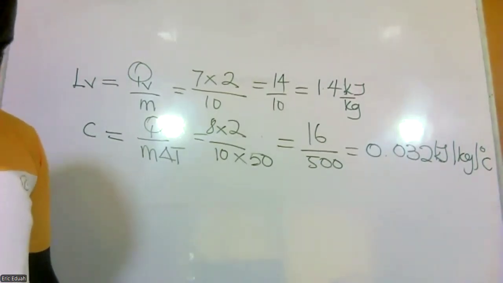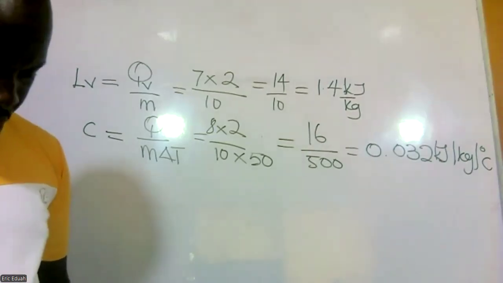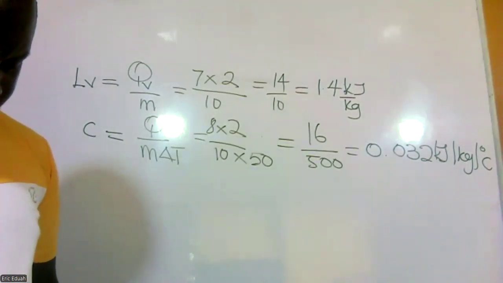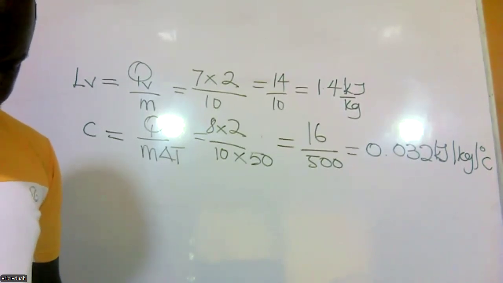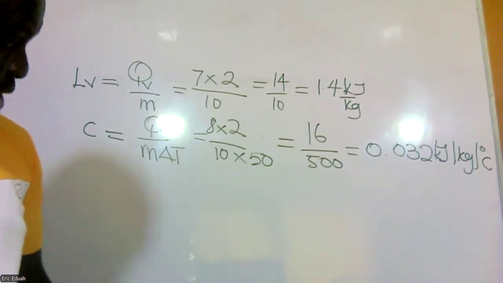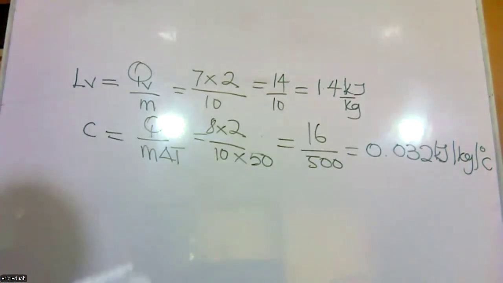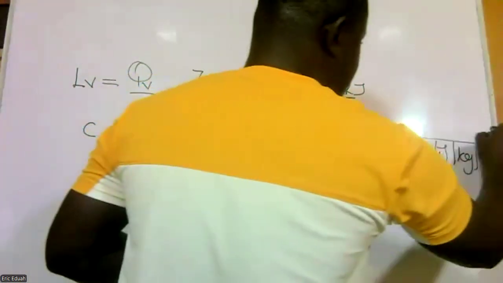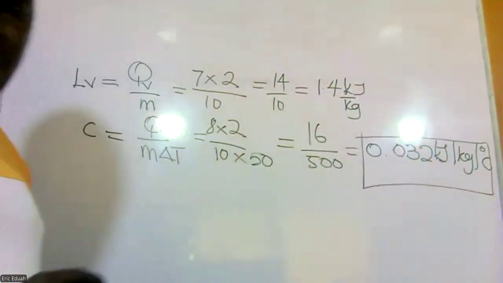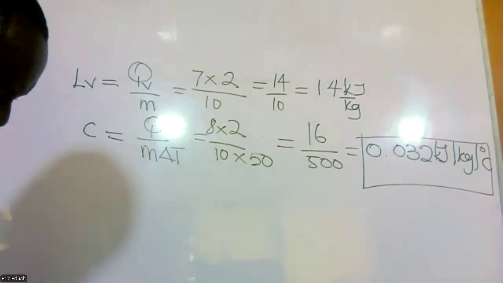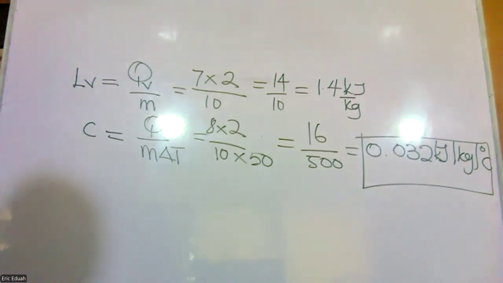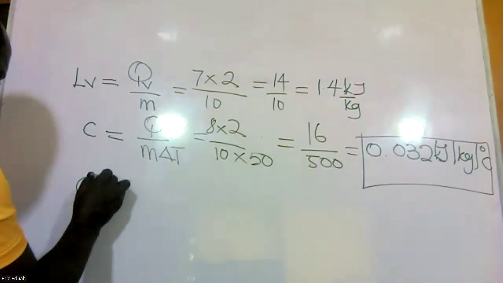Then 116. Compared with the specific heat of the vapor phase of the substance, the specific heat of the liquid phase is, so we must determine the specific heat during the vapor phase to draw our conclusion. What is the specific heat capacity during the vapor phase?